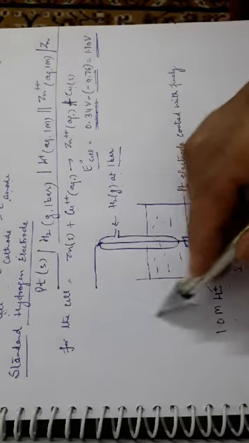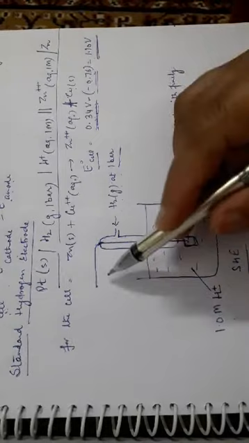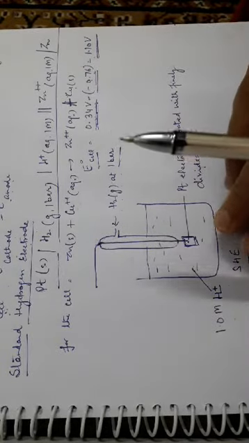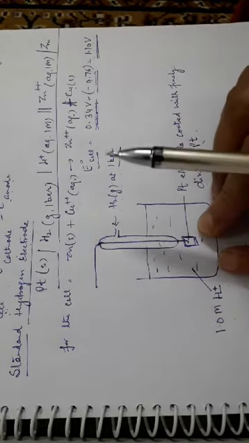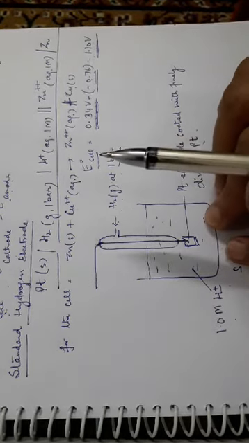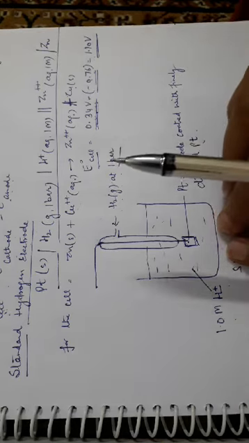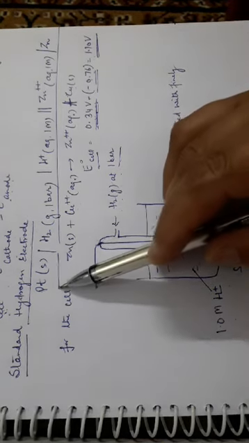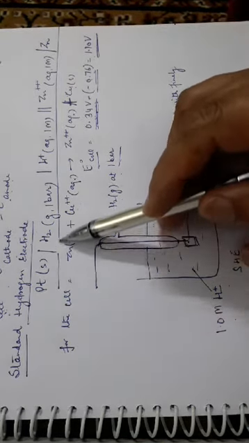This is acting as standard hydrogen electrode. The standard electrode potential for this electrode is 0, and as per convention, it is always taken as anode.